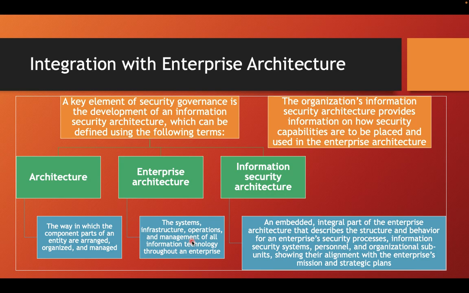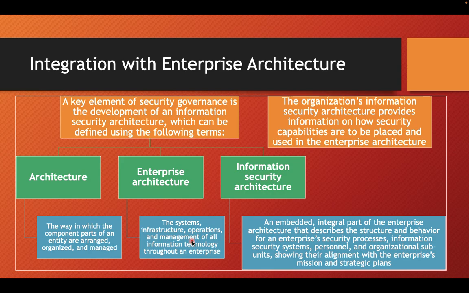Now, when we talk about information security architecture, now we are going deep down, and we are saying that this is an embedded, integral part of the enterprise. Okay, because you are now being specific when you say information security architecture.